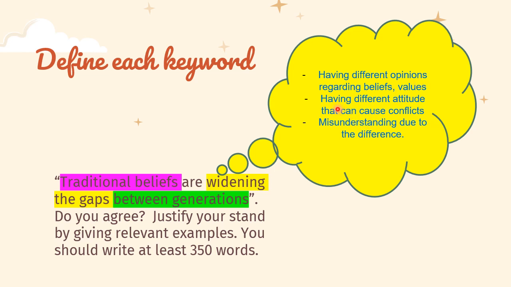It could be those beliefs and values that were traditionally practiced were not the same between the old generation and the young generation here. They have different perspectives, different attitudes, which can cause conflicts. Misunderstanding could happen due to these differences. So that's what widening the gaps means.